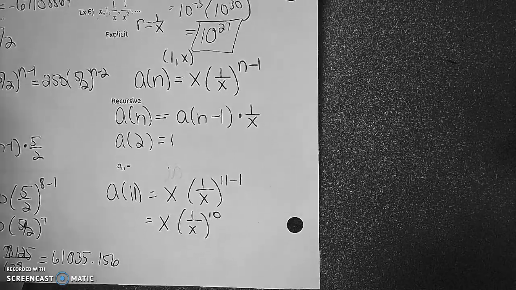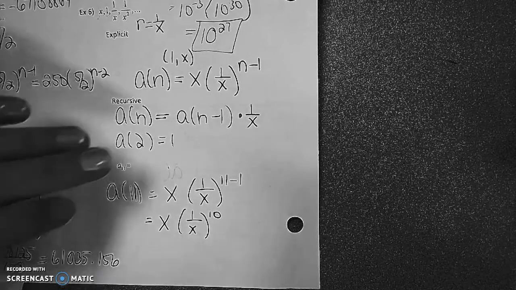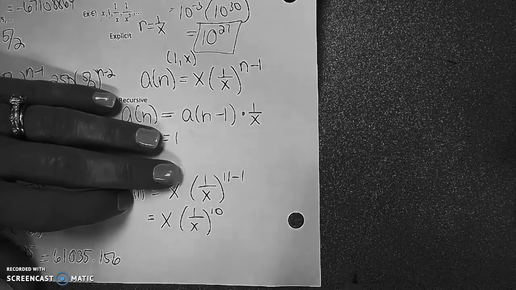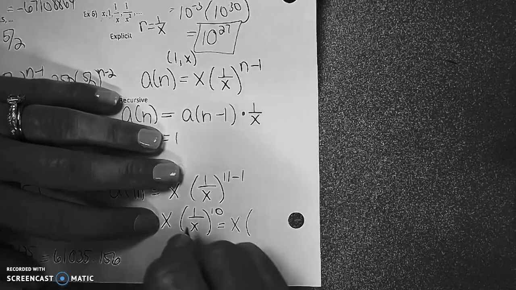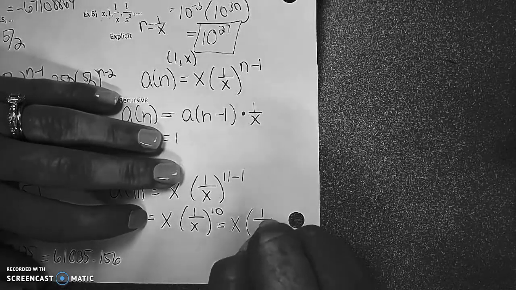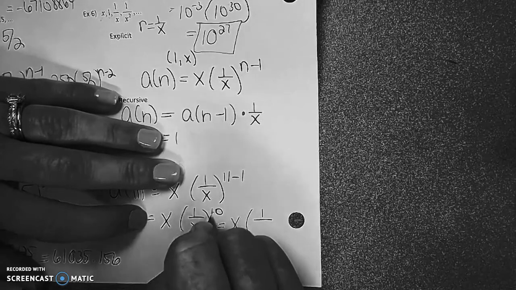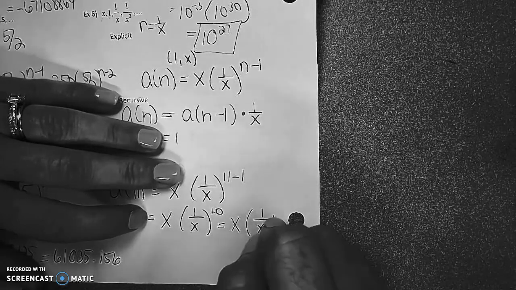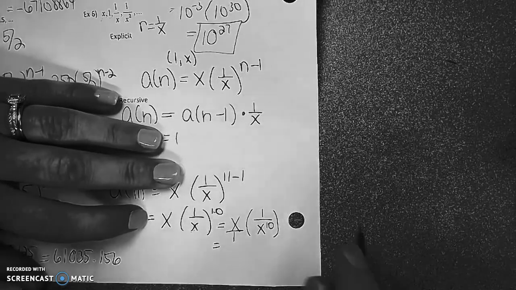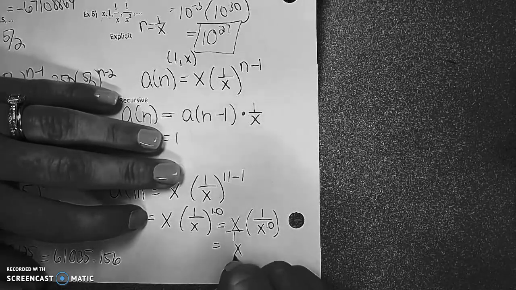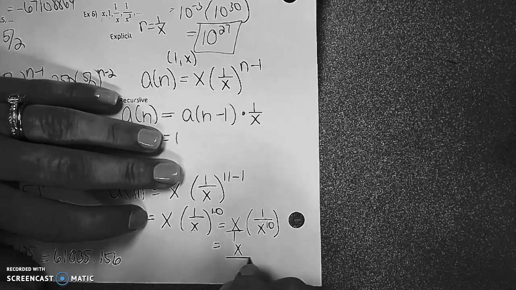I would be perfectly fine with that answer, but since we're here, let's talk about a little bit of algebraic manipulation. This is x. What's 1 to the 10th? It's 1. What's 1 over x to the 10th? In order to multiply fractions, I multiply across. X times 1 is x. 1 times x to the 10th is x to the 10th.